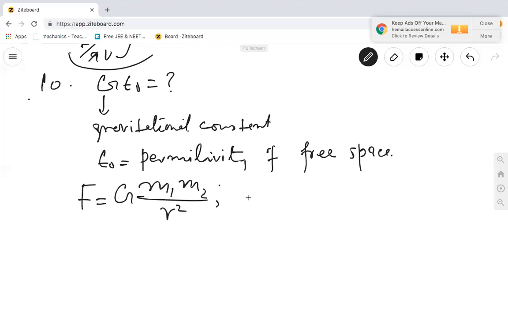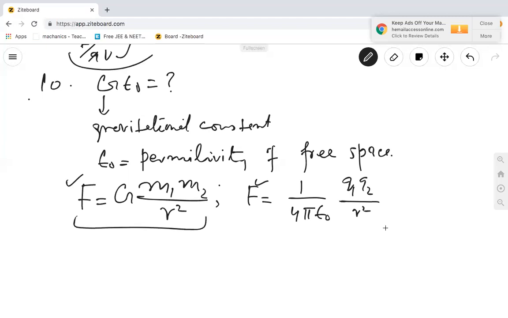And if you are a 12th class student, you must know the force between two charges is 1 by 4 pi epsilon naught q1 q2 by r square. If you have qualified both 11th and 12th class, then you know both these equations. This is the equation 11th class students know.